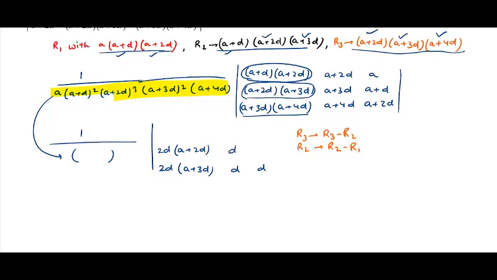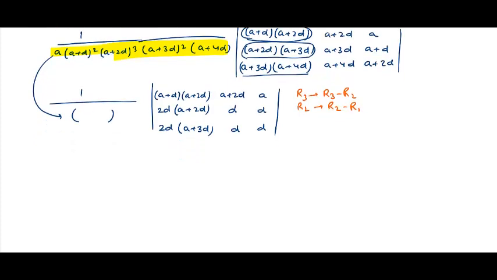Then you have again d, and again d, and the first row remains as it was: a plus d, a plus 2d, a plus 2d, and then a. So we get this after applying these two transformations.